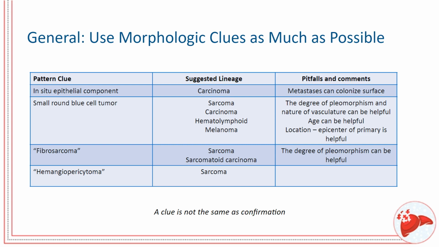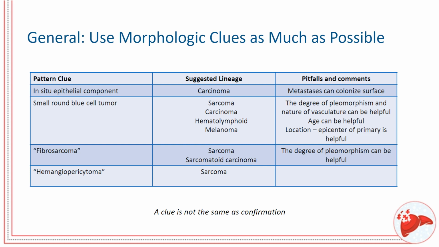The nature of the vasculature is helpful. If you see HPC-like or hemangiopericytoma-like vasculature, that will be unusual in a carcinoma. So pay attention to the pleomorphism, pay attention to the vasculature. The age of the patient is helpful, with certain age groups being more likely to have sarcomas.